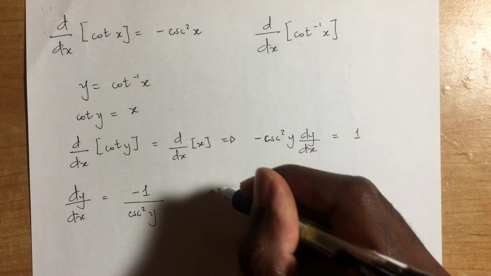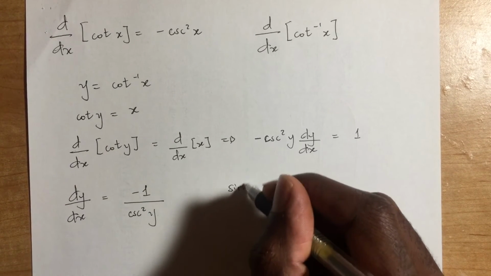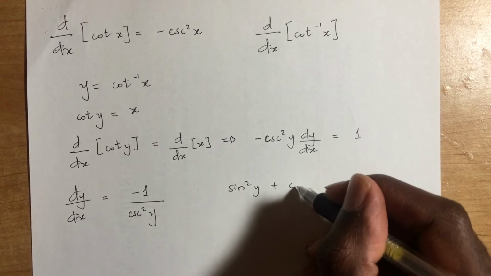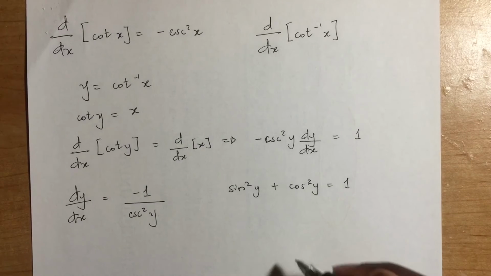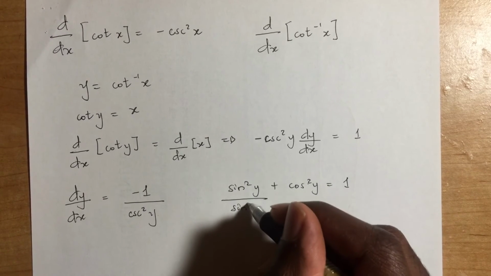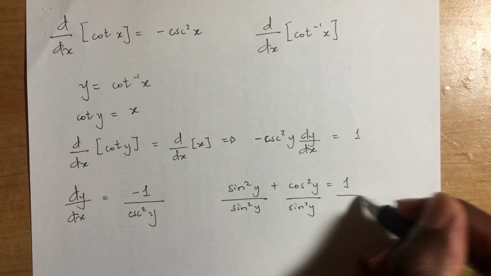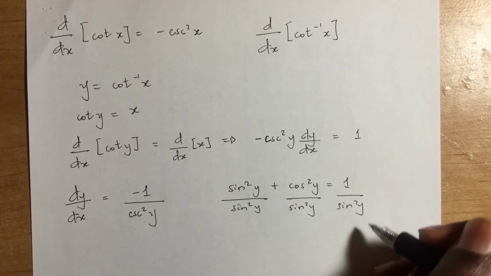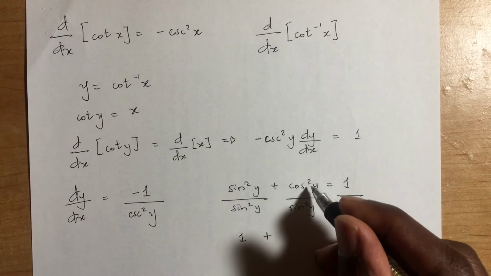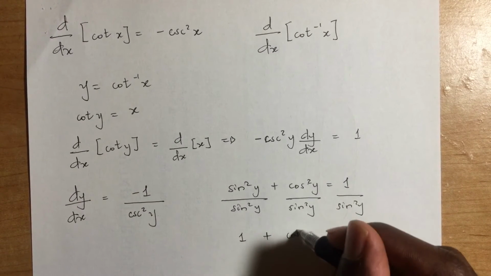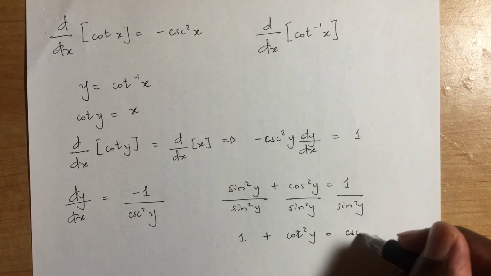Using the trigonometric identity sine squared of y plus cosine squared of y equals 1, if we divide everything by sine squared of y, we're going to end up with 1 plus cotangent squared of y equals cosecant squared of y, all right?